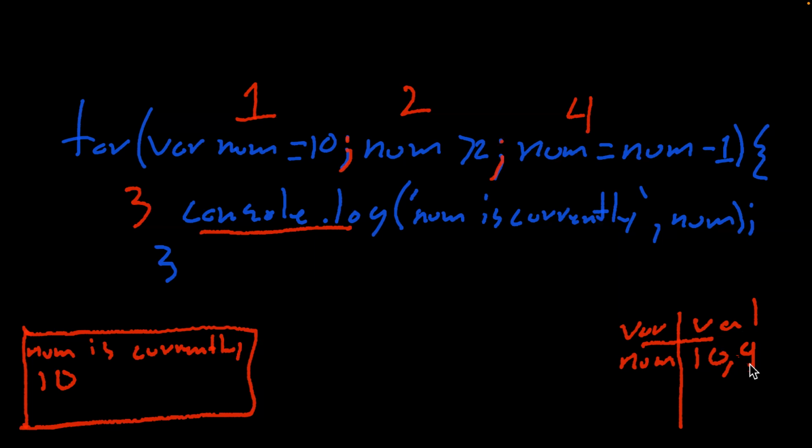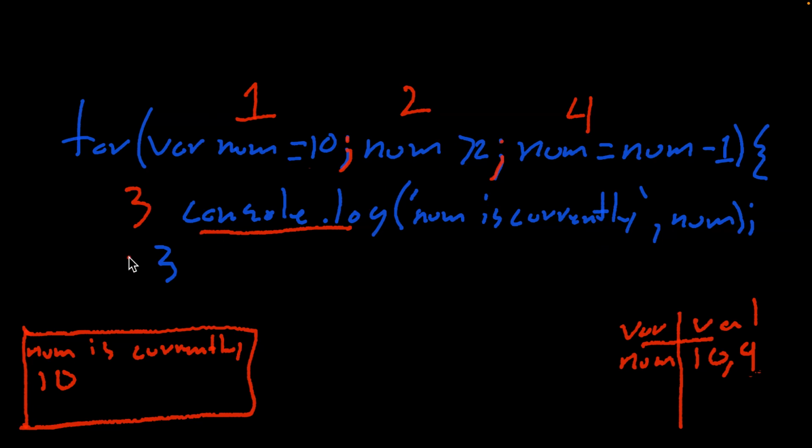It's declaring it to be 10, but we know from our t-chart here that this is just the starting point. It's actually 9. Num is equal to 9. And we look here and we say, well, num on part 2, while num is greater than 2, 9 is still greater than 2. So we're going to do something. So we go to step 3.